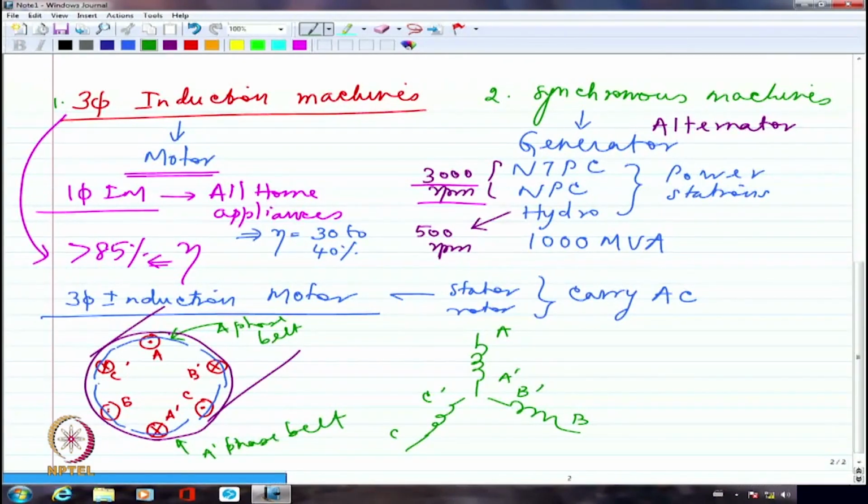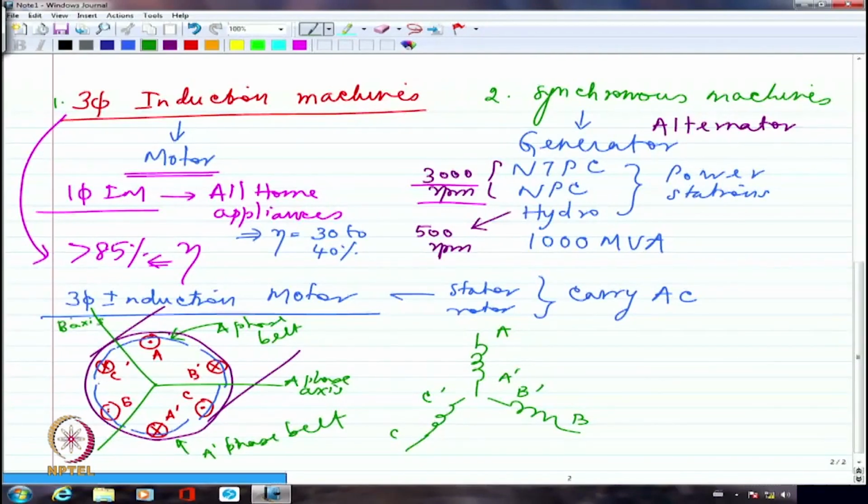So the stator basically has a distributed winding which corresponds to three phases. But if I look at the axis of the A phase winding, maybe this is the axis of the A phase winding. Similarly, if I look at the B phase axis, it will be 120 degrees shifted. The C phase axis will be 120 degrees shifted as well. So please note that all three phase axes are shifted from each other by 120 degrees.